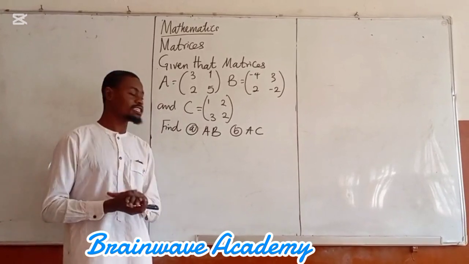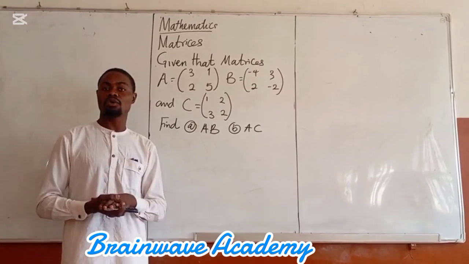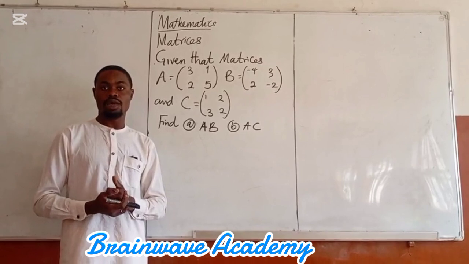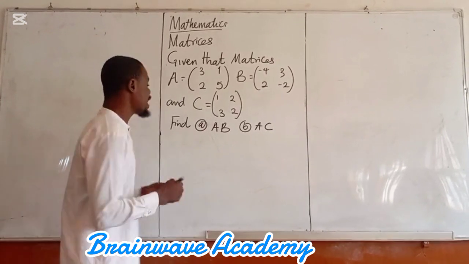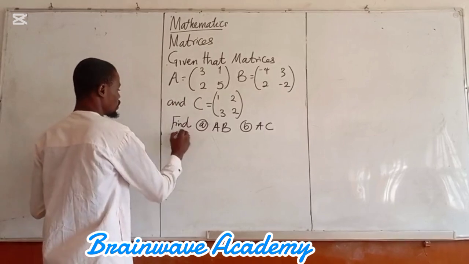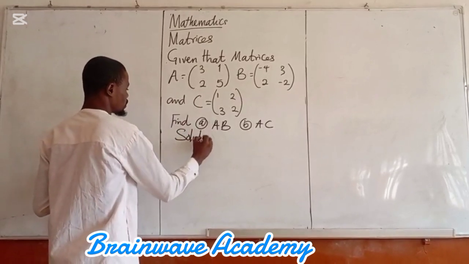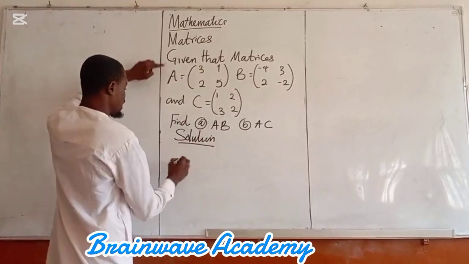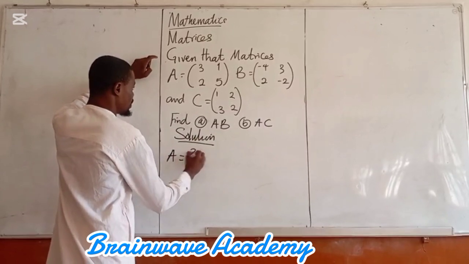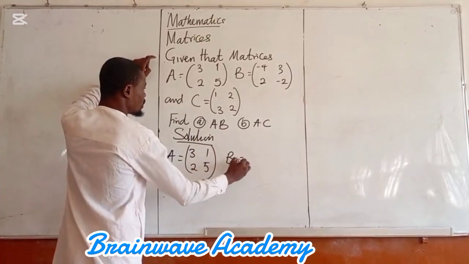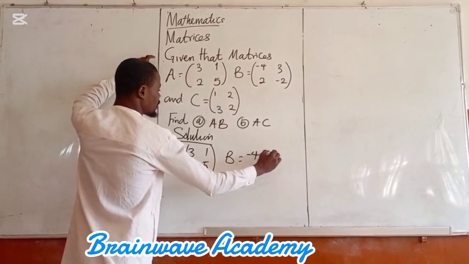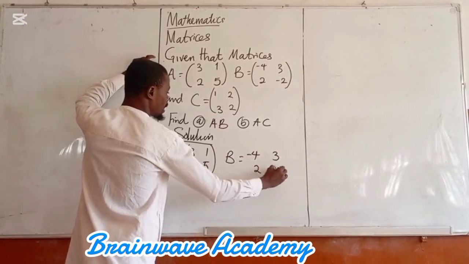I have already explained what rows and columns are in my previous video, where we find the order of matrices. Solution: we have A as [3, 1; 2, 5] and B equal to [-4, 3; 2, -2].